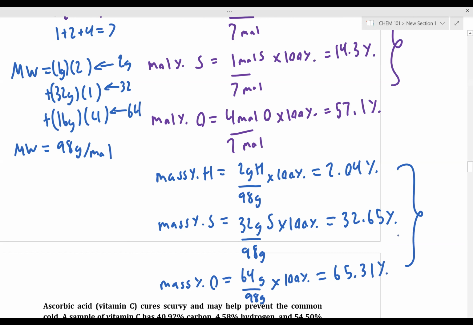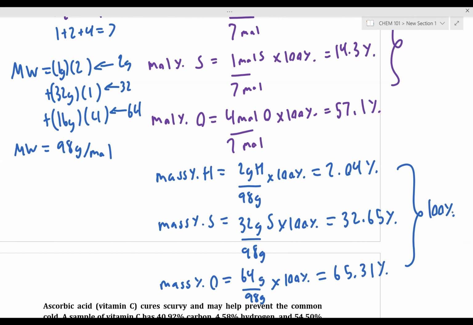And as you notice, all of your percentages will add up to 100% if you've done this method correctly. If you've accounted for every single element in your compound, your mass percentages should add to 100. Does that make sense?